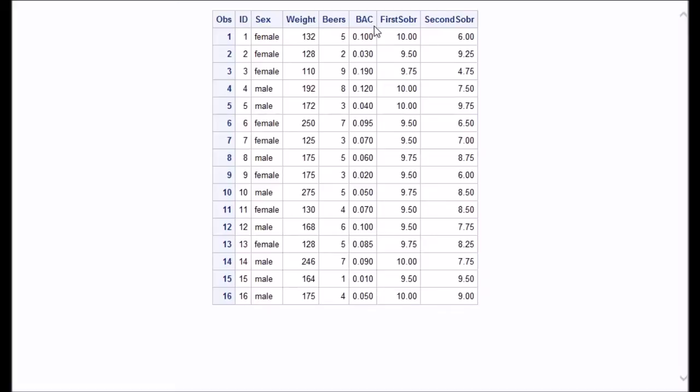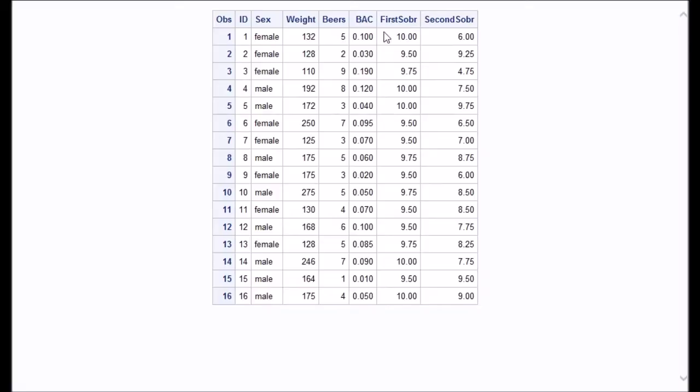As some points of reference, in North Carolina, where I live, the legal limit is 0.08 for standard driving, although if you are a commercial driver, for instance driving a truck, then the legal limit is 0.04. And then first sober and second sober are road sobriety test scores before and after the consumption of the beers.